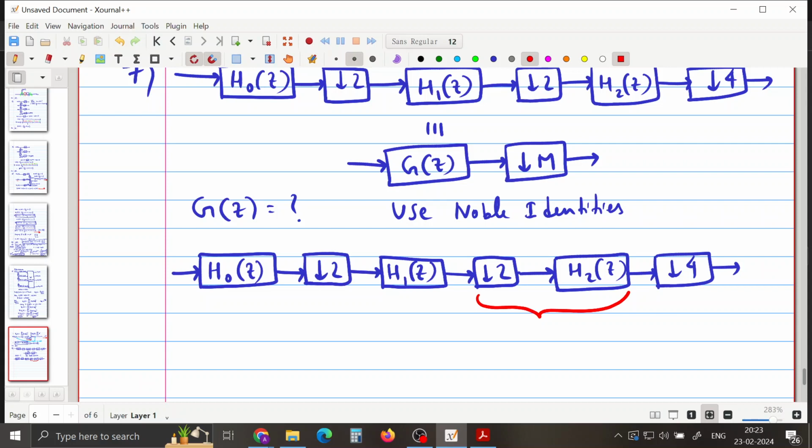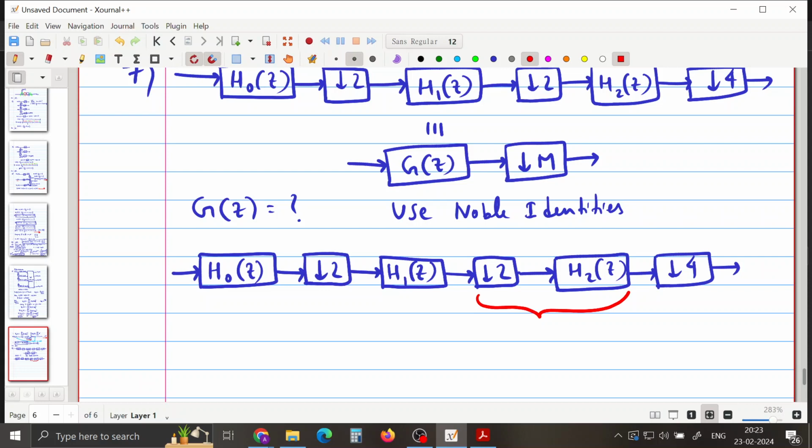So we can use the noble identities to represent these two blocks together. We can actually exchange their order. Whenever we exchange their order, remember this filter will now come to the front and it will become H2 of z to the power m. Here m is 2, so it will become H2 of z squared, and the downsampler will just go to the second position.